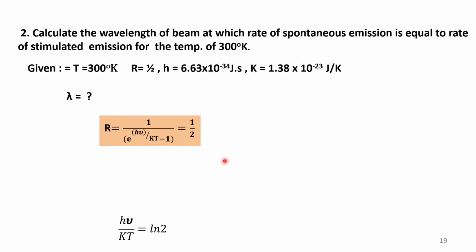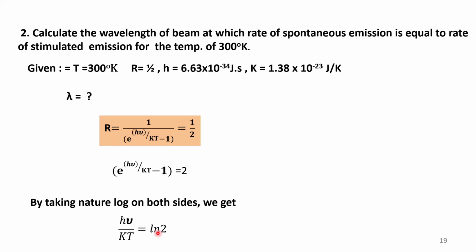Now by using the same formula, R is equal to 1 divided by e raised to h nu by kT minus 1. Now R is equal to 1/2 here. By rearranging these terms and taking the natural log on both sides, we get h nu by kT is equal to log of 2.